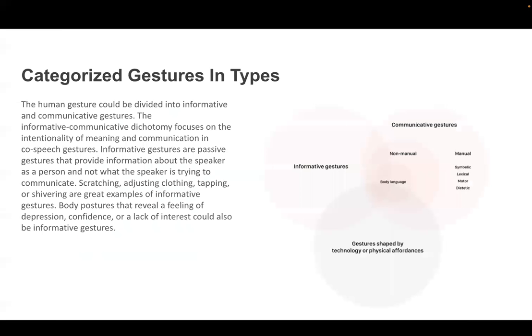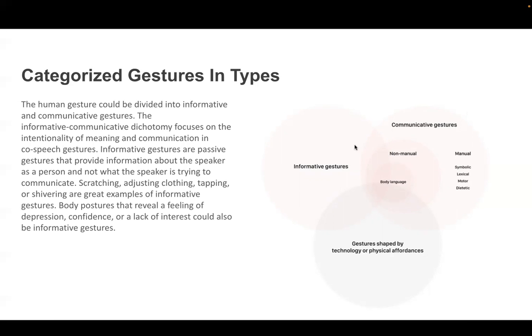Based on these gestures, one paper has done research to categorize gestures into different types, and we can see this here. There are different kinds of gestures and how they are involved with each other.